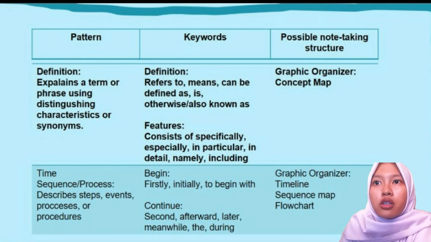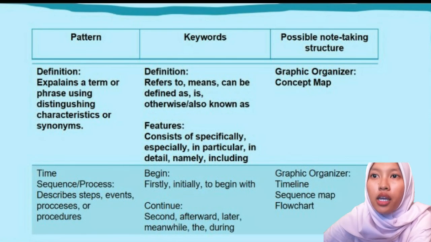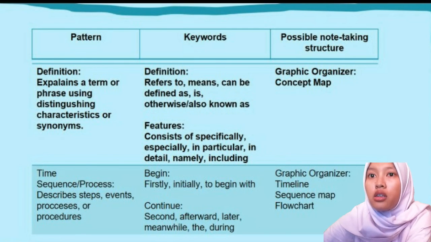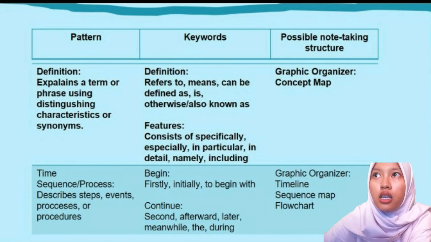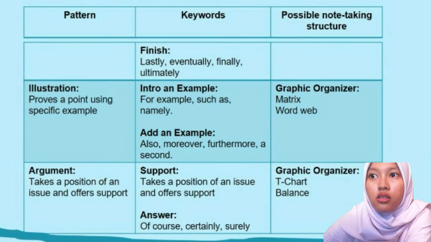Begin keywords: firstly, initially, to begin with. Continue keywords: second, afterward, later, meanwhile, then, and during. Number 3. Possible note-taking structure: graphic organizer, concept map, timeline, sequence map, flow chart.